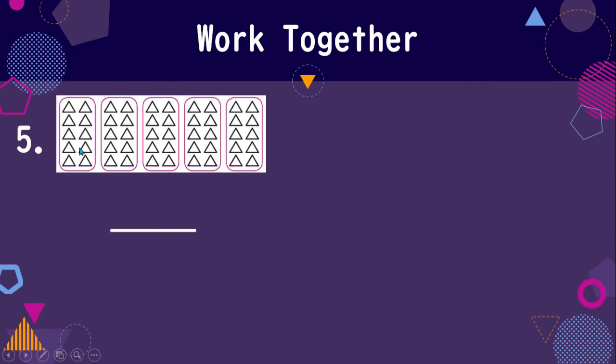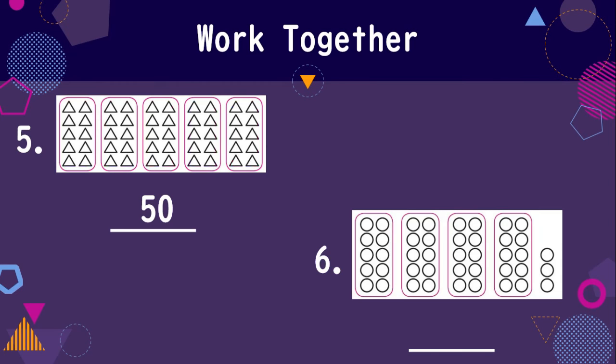Let us count. 1, 2, 3, 4, 5. And each set has 10 triangles. So 5 sets of 10 triangles is equivalent to 50. Very good. For number 6, we have 4 sets of 10 squares here.